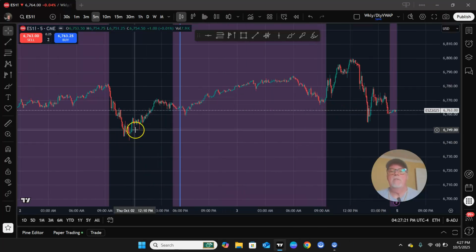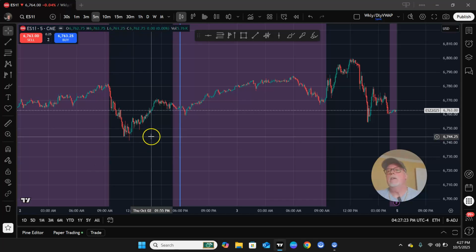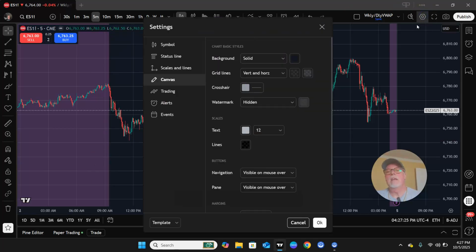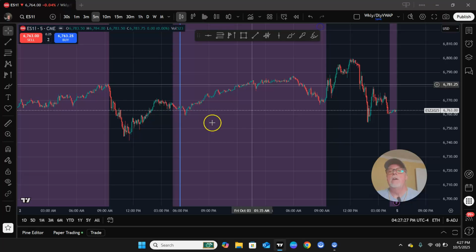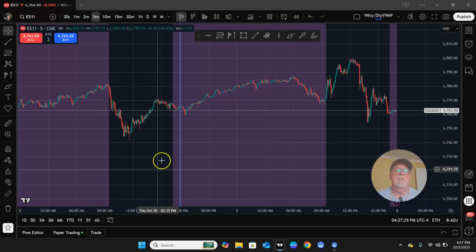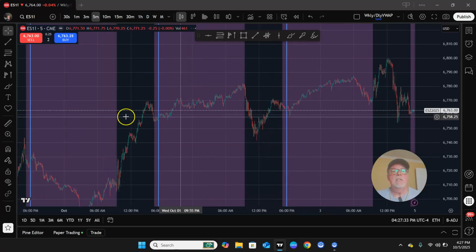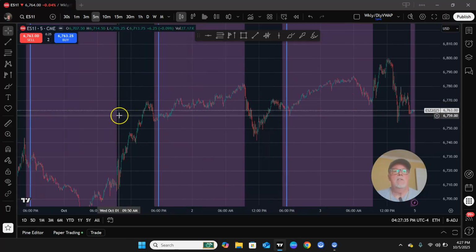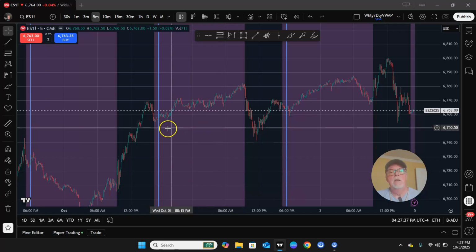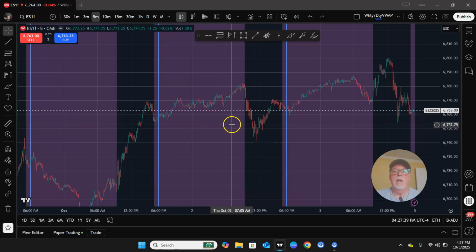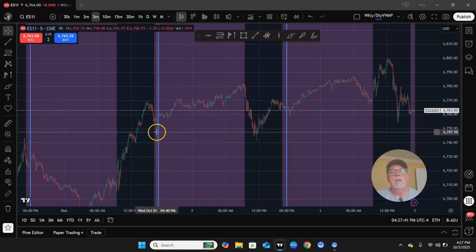As you can see, I have my shaded areas. I just went over here into settings and set all this up. I have my shaded areas, dark areas showing me the New York sessions. All these dark areas are 9:30 to 4 p.m. and the purple areas are 4 o'clock to the new trading day.